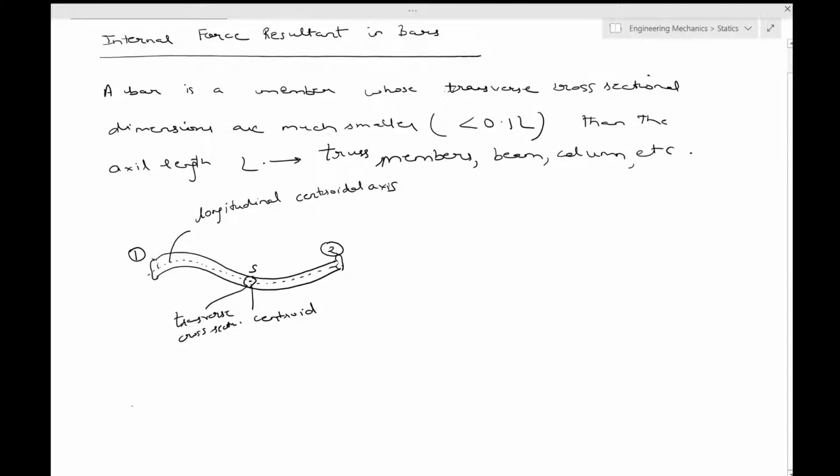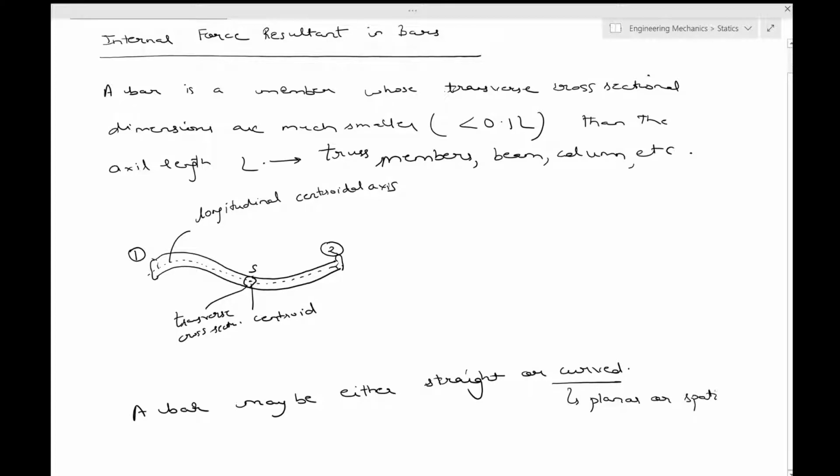Okay, so a bar may be either straight or curved. And when we say curved, it can be either in one plane or spatial, or 3D. So normally when we try to define a bar, sorry, I should show this with a dotted line perhaps.